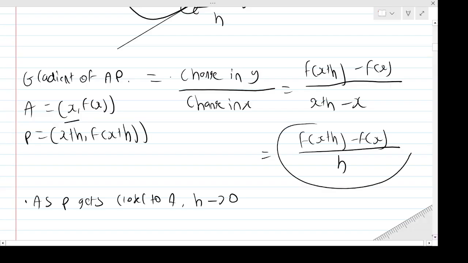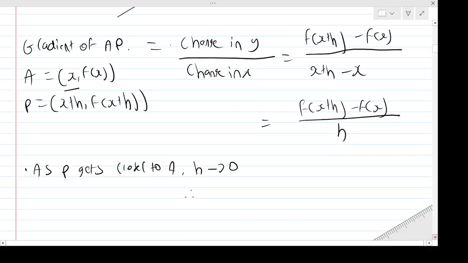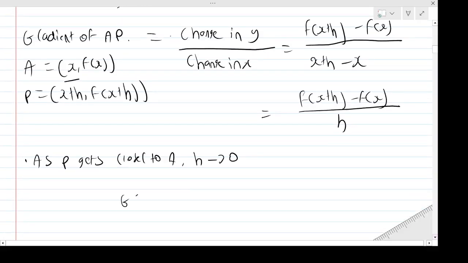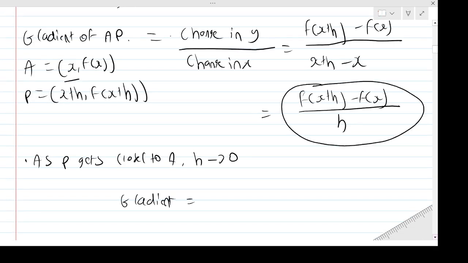So what we want is to put H is 0 into this expression here, effectively, right? And so our gradient overall is going to be this expression, but when P is right next to A. So that has to be when H tends to 0, when the gap between A and P is non-existent, okay?